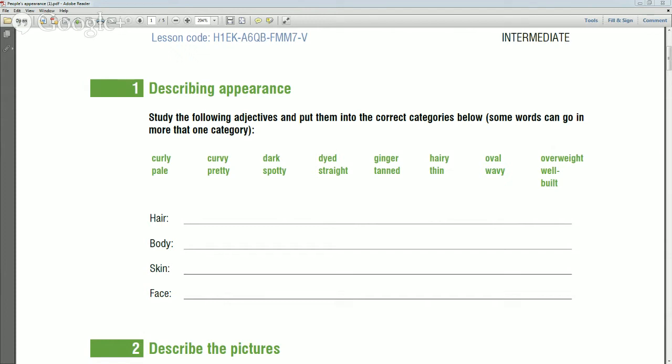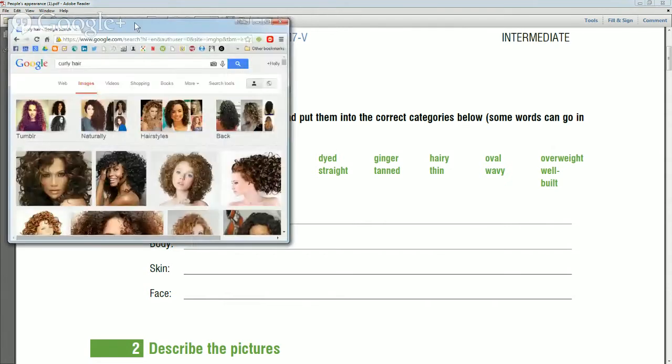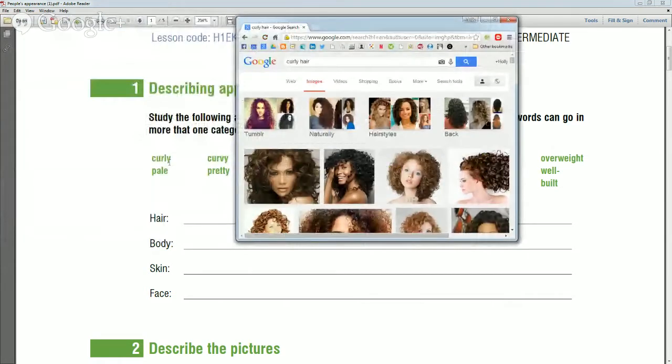For example, the word curly. Let me show you what that means. This would be curly. So the word curly goes with hair. So curly hair.